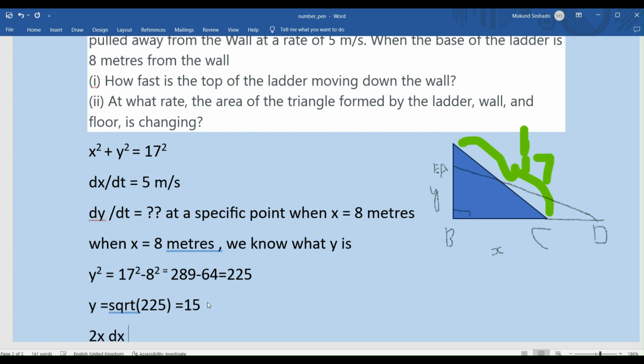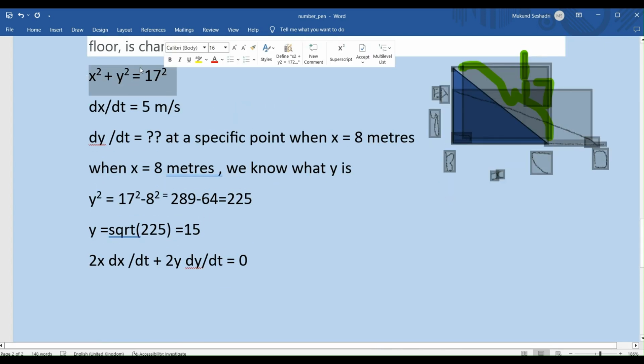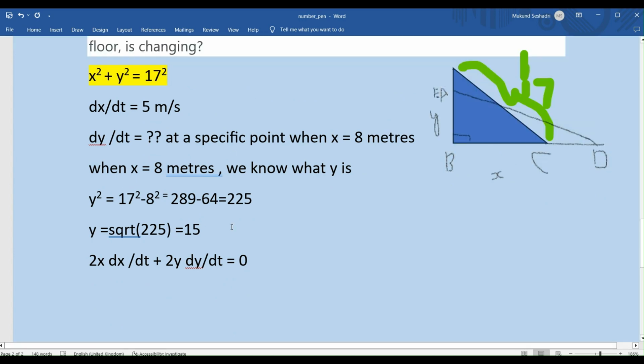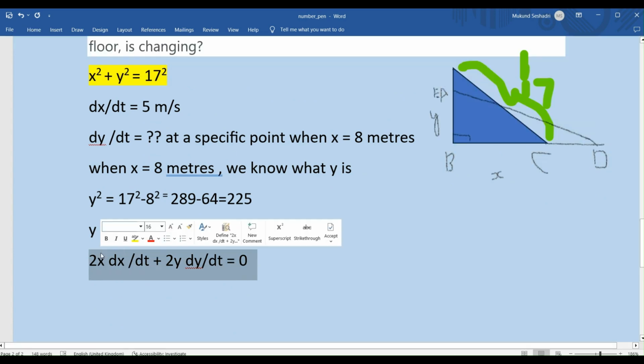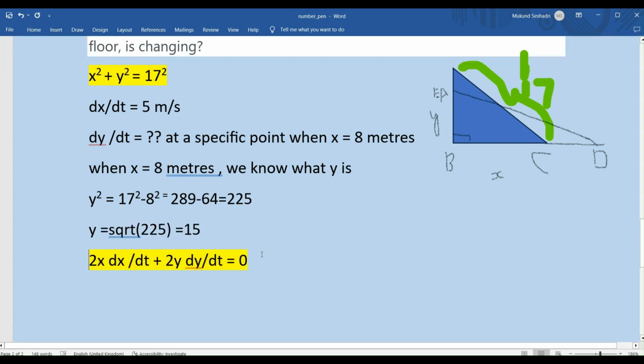And what we do next is differentiate the equation: 2x dx by dt plus 2y dy by dt equals zero, since the differentiation of 17 square, a constant, is zero. You know which equation I'm talking about, this equation which I'll highlight, right? We have differentiated this equation here. So we know x, which is 8 meters.